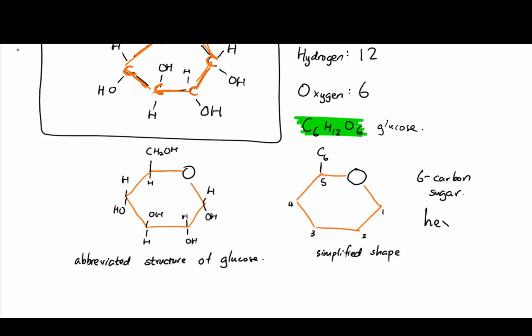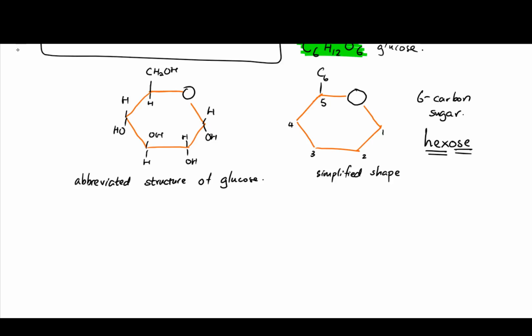We have a scientific name for it. It's called a hexose. Hex represents 6 carbon, and ose just means sugar. So if you see lots of names ending with OSE, you know that it is a type of carbohydrate. If you go down further, I can draw something like this, O, with a pentagonal shape.